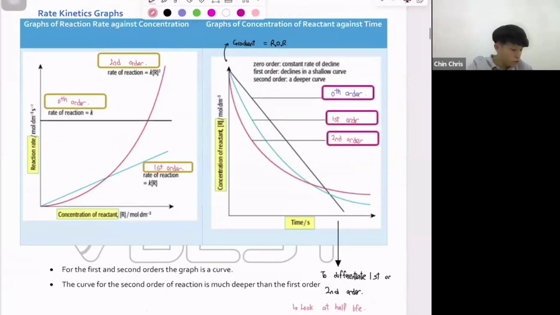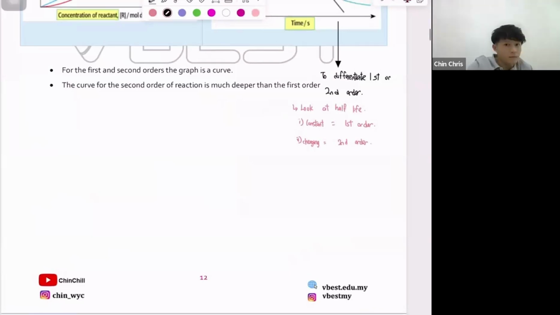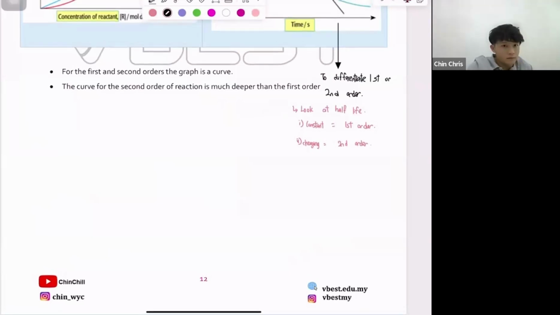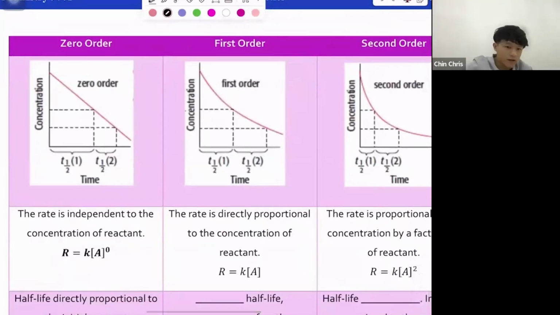Rate of reaction versus time. Never mind. Okay, guys, now let's look at the next page. Later we're going to do some questions together.